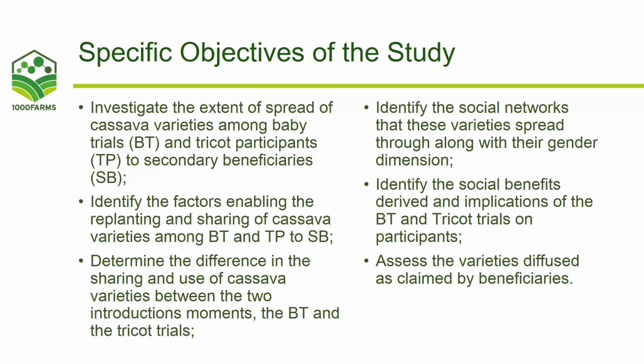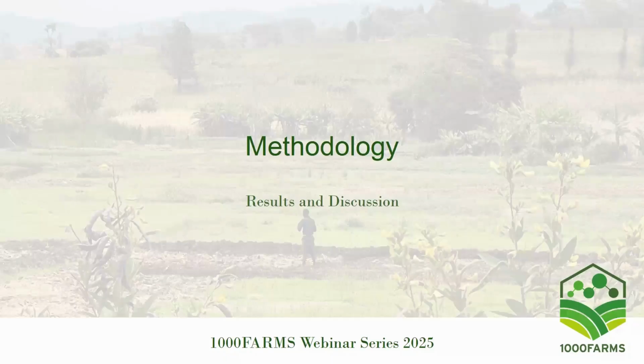We also looked to determine the difference in sharing and use of these cassava varieties among those trials, and to identify the social networks that these cassava varieties spread through, taking into account the gender dimension. Also, to identify the social benefits derived and the implications of those trials on participants, and lastly, to assess the varieties that were diffused as claimed by the beneficiaries. I'll be looking at the methodology and the results in this section.